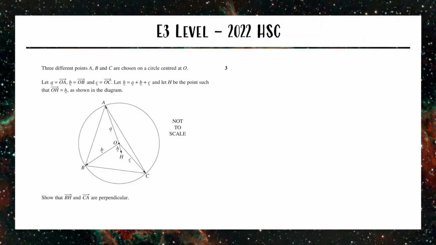So first thing, we're going to set up what we're trying to prove. If you're being asked to show that 2 vectors are perpendicular, it means you're trying to show that they have a dot product of 0. I explained in my vectors video why perpendicular corresponds to a dot product of 0, but here is our target for now. We also need to know that the vector BH can be written as H minus B, once again from my vectors video.